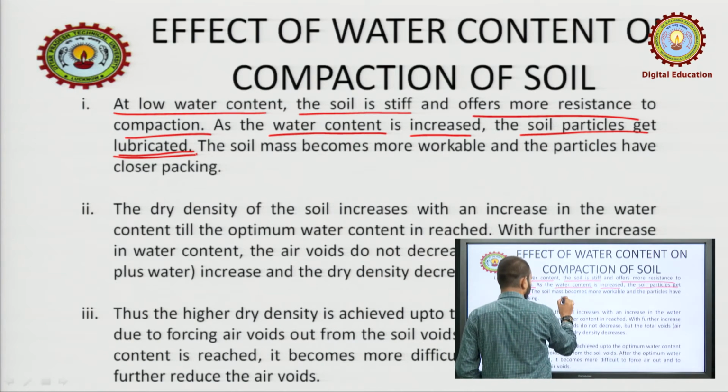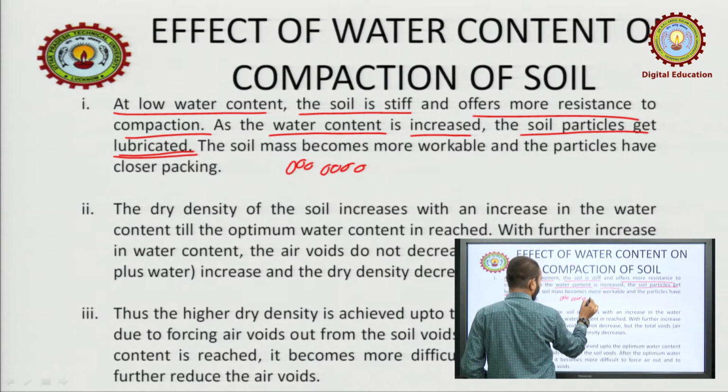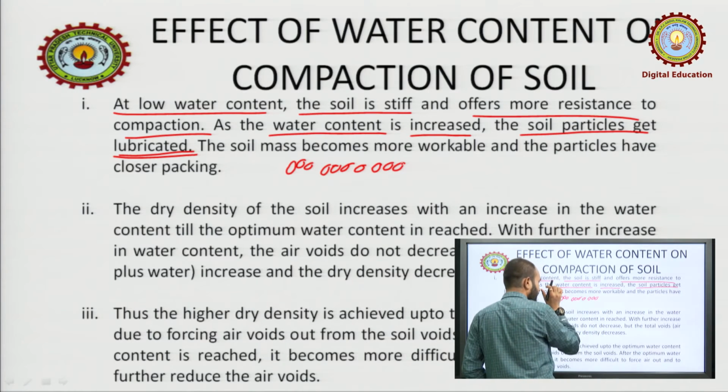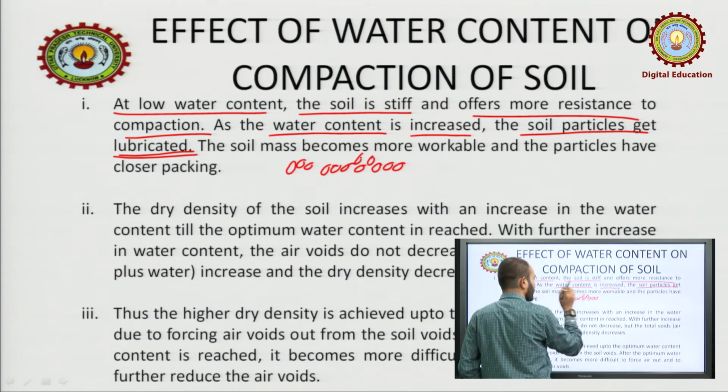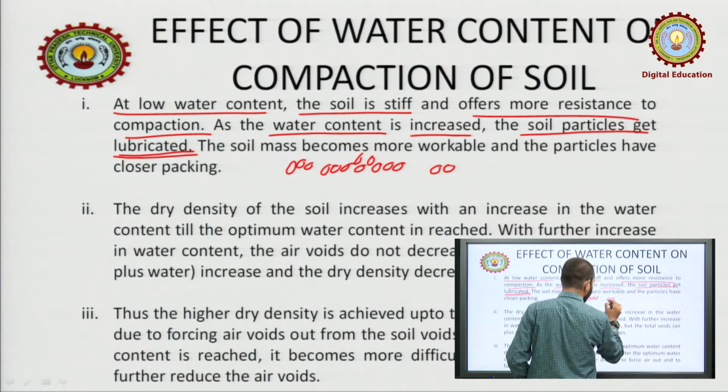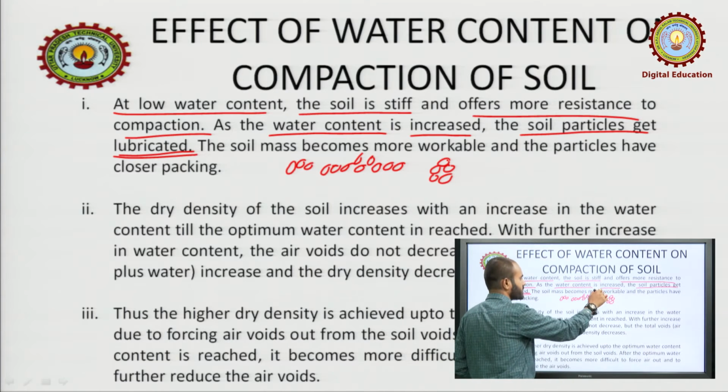What does this mean? First of all, the soil particles are without any water or lubrication, only the soil particles are there. Due to this there is high resistance, and they will resist the compaction process more.